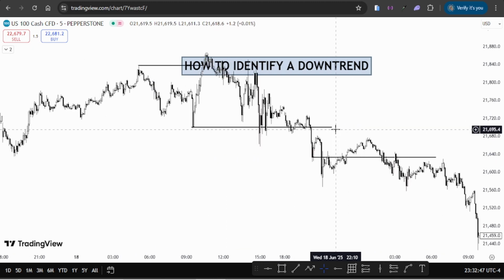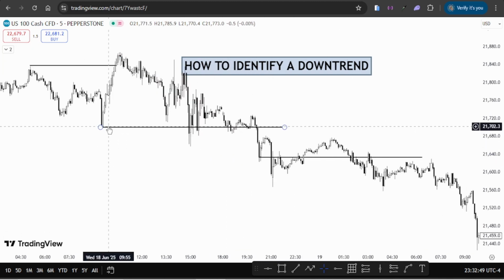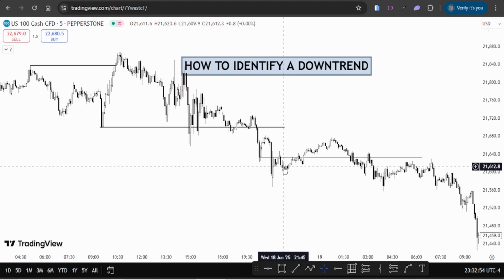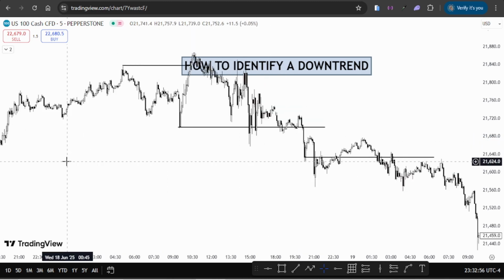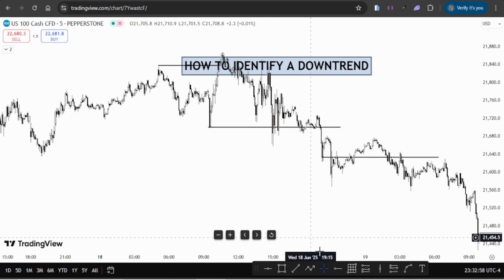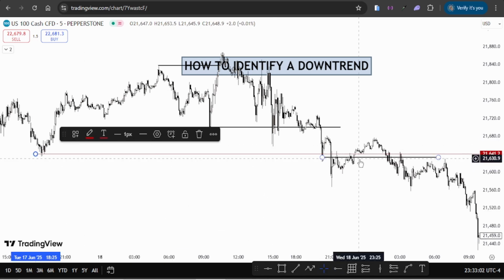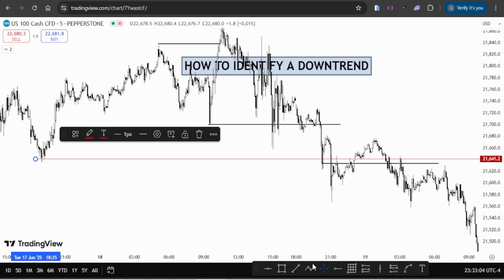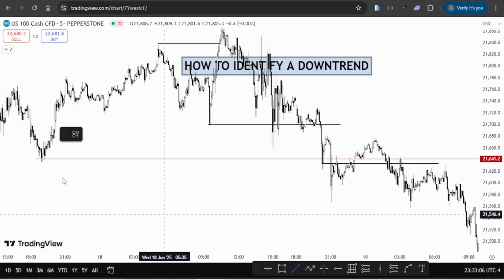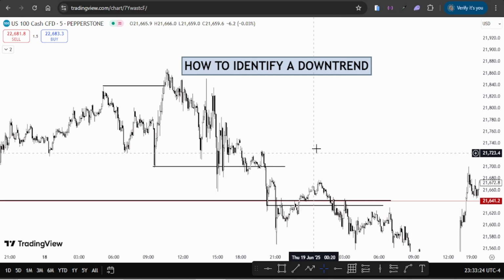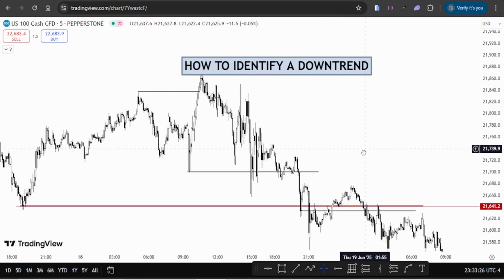Okay, sometimes you may not see these swing points to be clear. You can equally use the swing points on the far side of the chart once price breaks it down to use it as your area of resistance. So this is basically how you identify a downtrend.